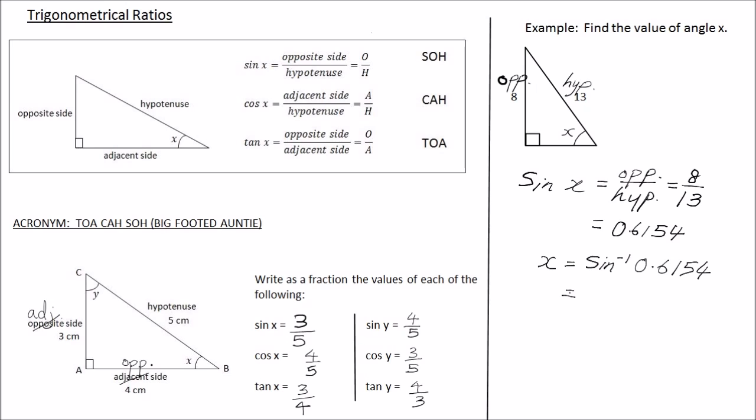You should get the value 37.98 degrees. When rounded to 1 decimal place, you should get 38.0. In the exam, answers for angles should always be written to 1 decimal place. So that's the answer for the angle x.